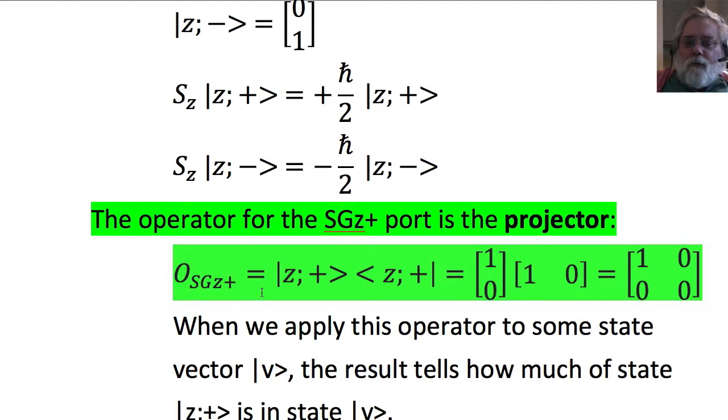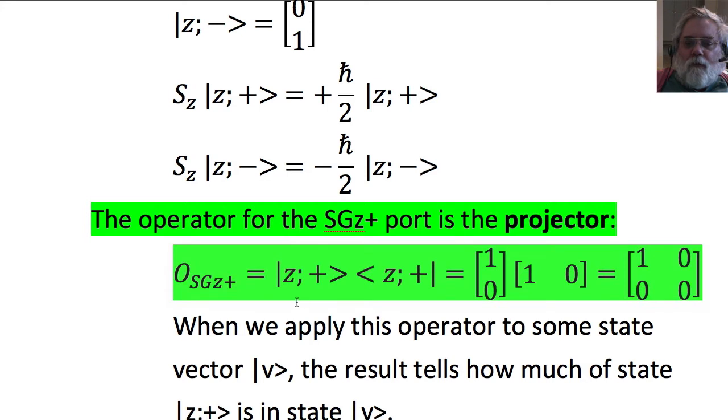It equals the projector ket Z plus bra Z plus, which is to say, project the input onto Z plus, and that's how much the output gets of Z plus.